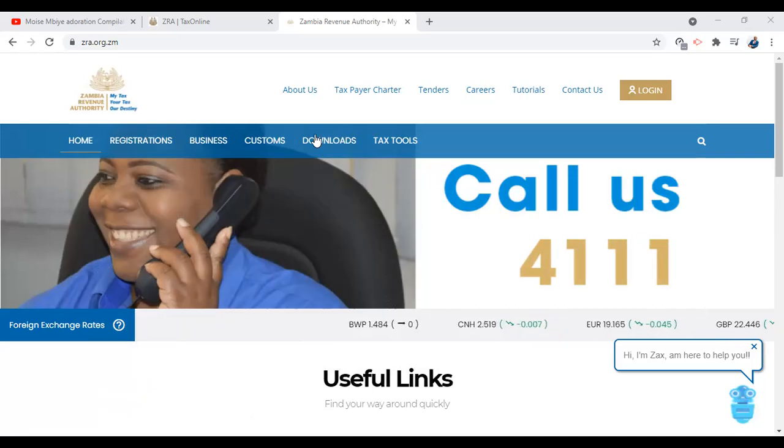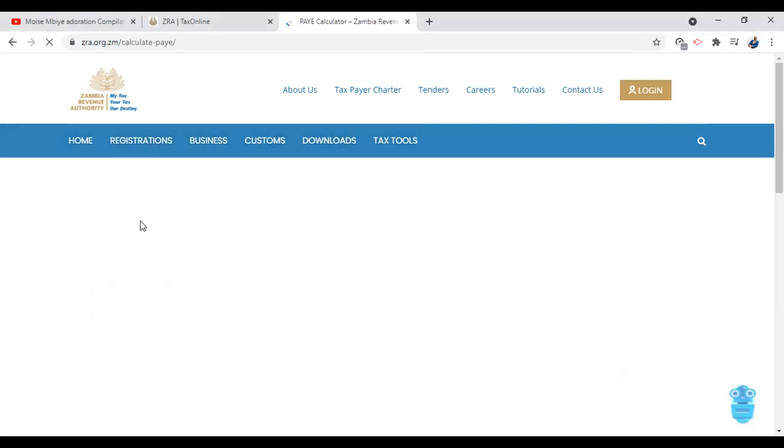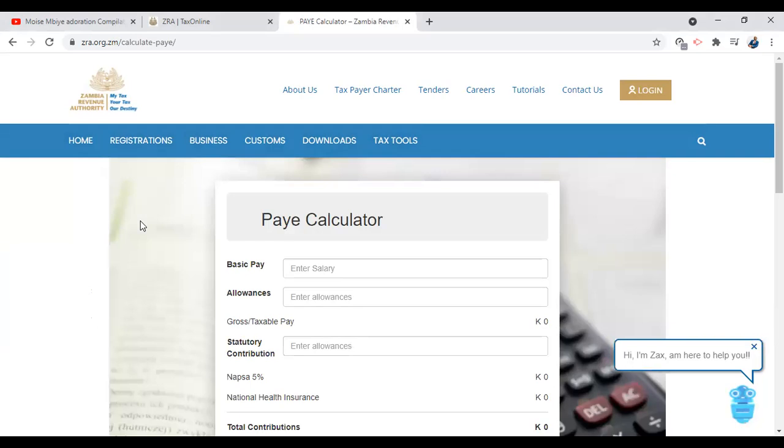Here we have all these aspects. In this particular case, go to where it says tax tools. Just put the cursor where it says tax tools. Then you are able to go to where it says tax calculator. So you click on tax calculator. So it gives us the calculator.